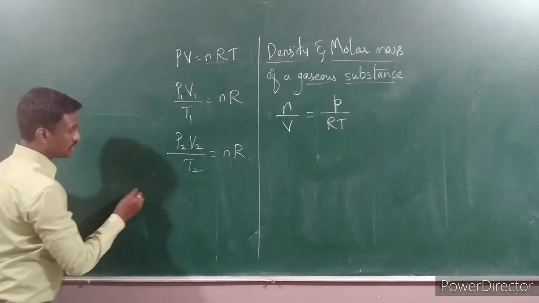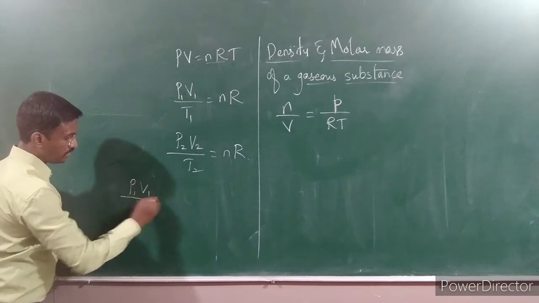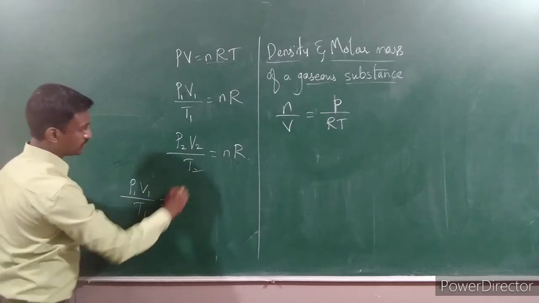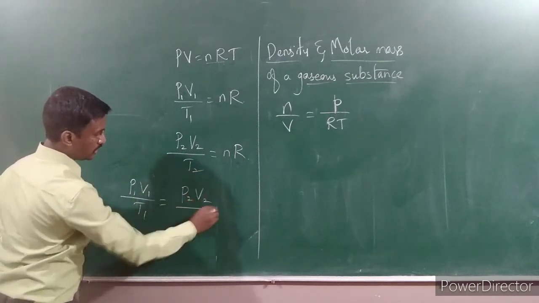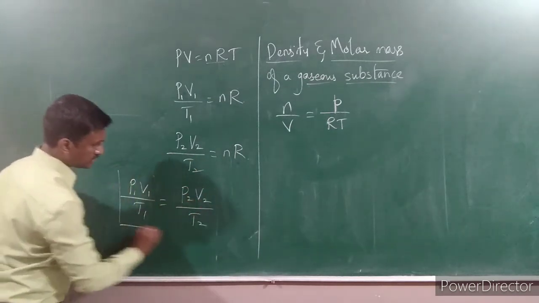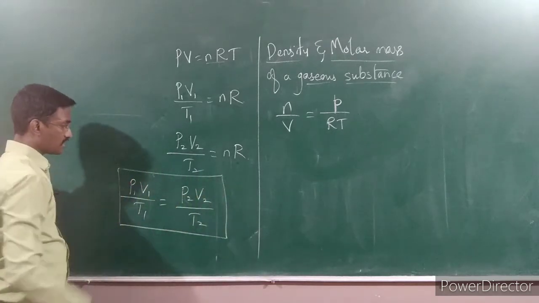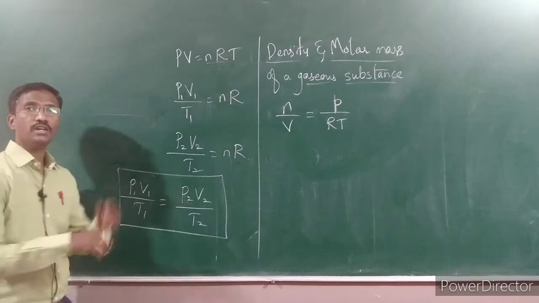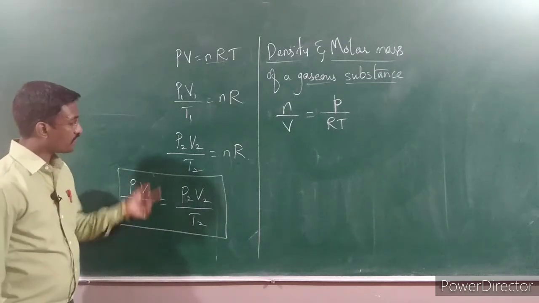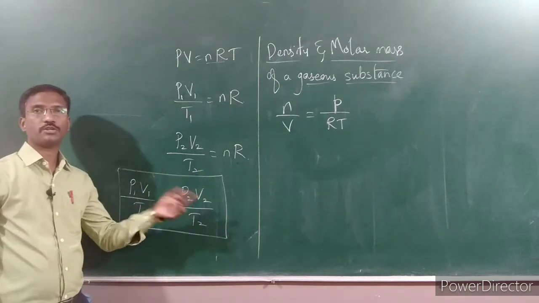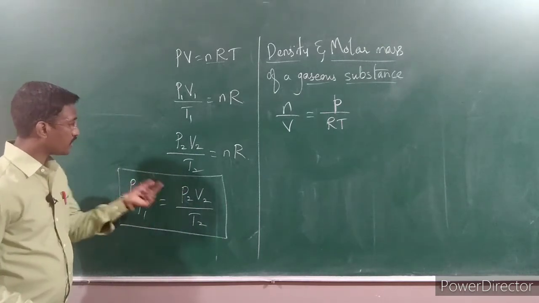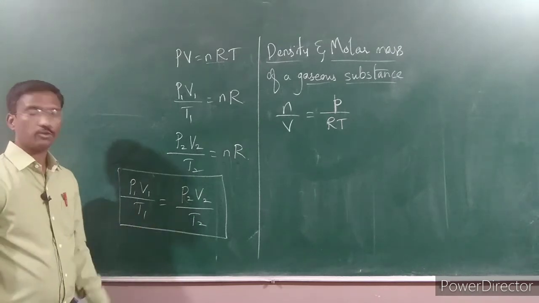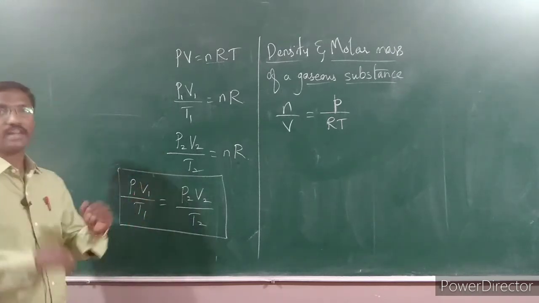By comparing these two, P1 V1 divided by T1 is equal to nR, and nR is equal to P2 V2 divided by T2. Means these are the 6 terms: the initial pressure, initial volume and initial temperature. After applying some changes, if any one of volume, temperature or pressure is changed, P1 becomes P2, V1 becomes V2, T1 becomes T2.